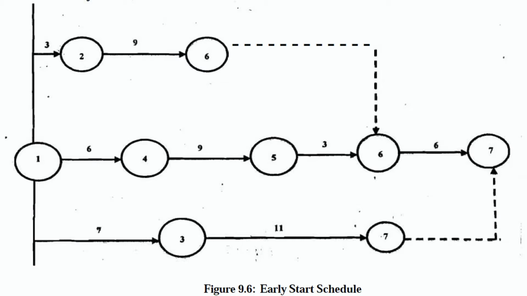For the activity from event 2 to event 6, 3 weeks have already passed. And activity 1 to 3 is about to be completed in 1 more week, because it requires 7 weeks. So like that you can make an assessment of the present scenario of my project as far as the early start schedule is concerned.